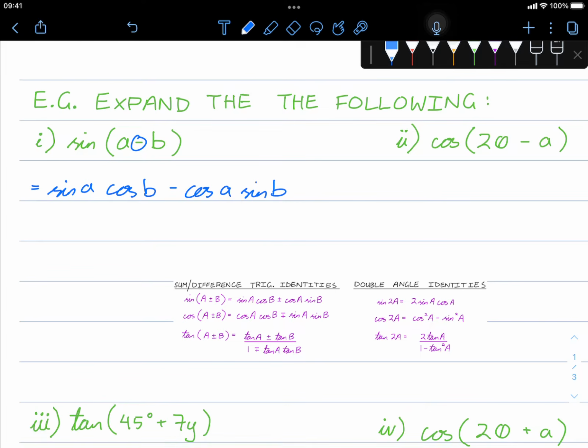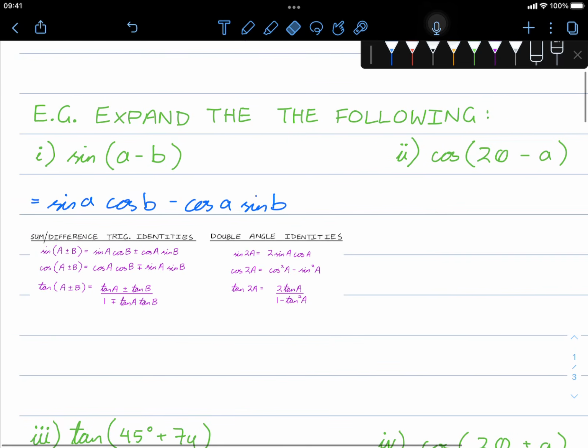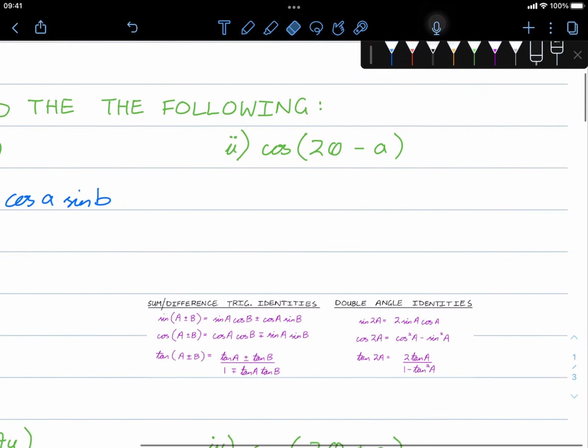We can't go any further than that. Just simply expanded it, and that's it. No problem. Now for this one, slightly more tricky.